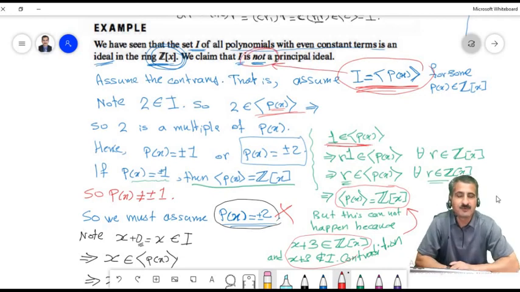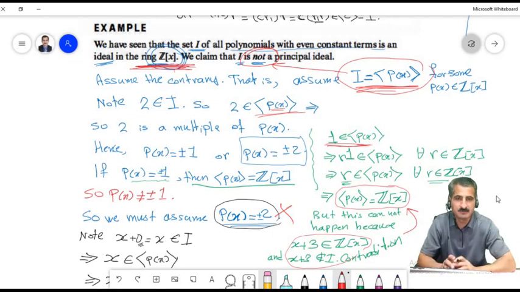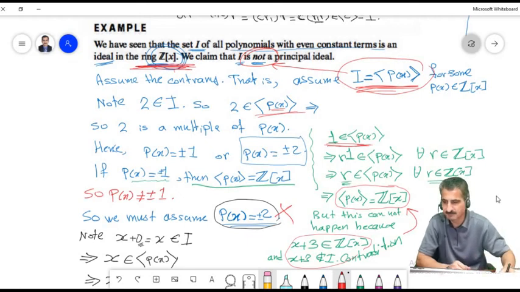And therefore, in the polynomial ring Z[x], in this ring here, the set of all polynomials whose constant term is even, this set, this ideal, cannot be generated by one element. It must be actually generated by two elements, which we call, it is generated by 2 and x, and it cannot be generated by one element.